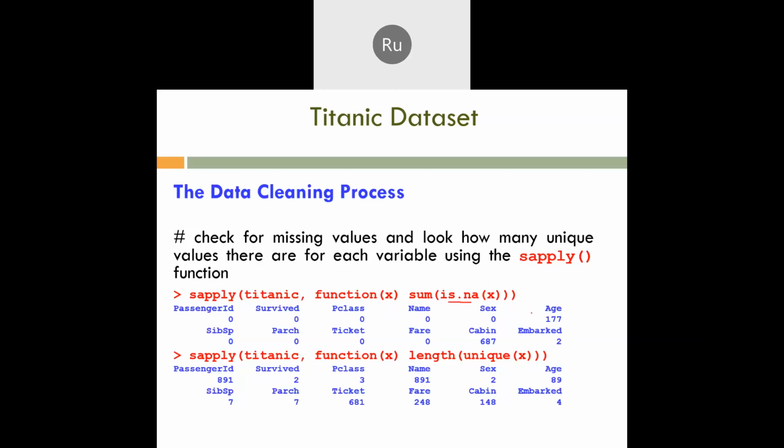So if you look here, we have this cabin, most of them empty, and this one and this one. And we also look at the number of unique values that we have in each column. So we can use this length and then unique. So this will give us the number.